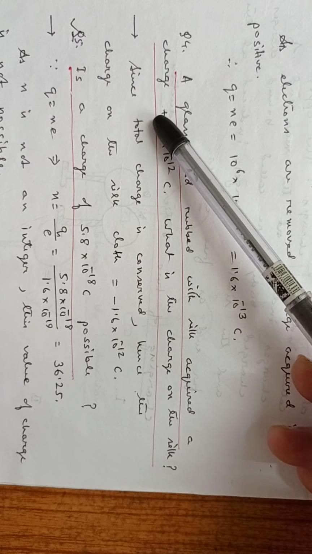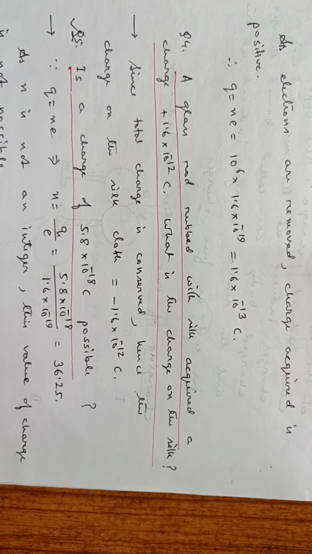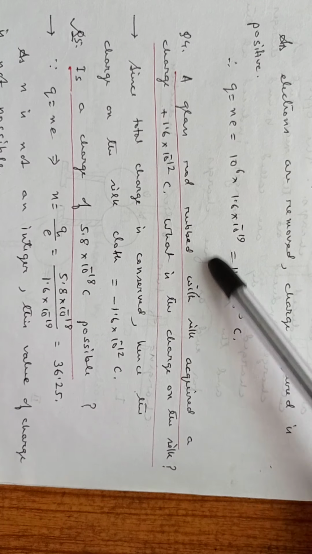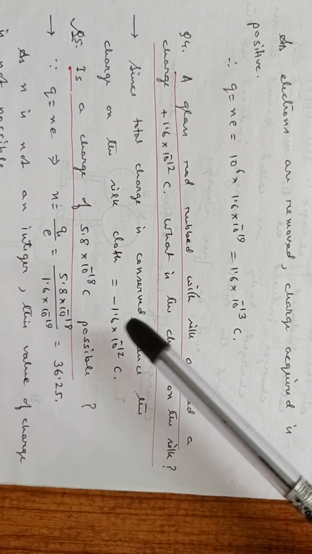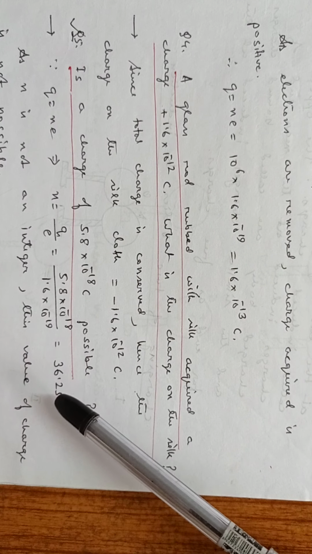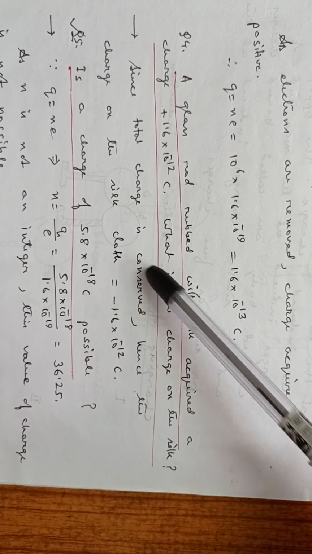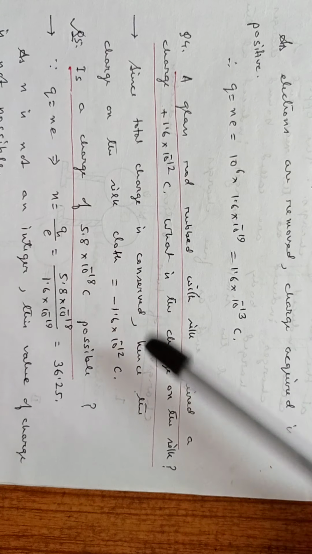From where does it come? Because total charge is conserved. Before rubbing the glass with silk, both of them are neutral. Therefore, the amount of positive charge developed by the glass rod must be equal to the amount of negative charge developed on the silk cloth.